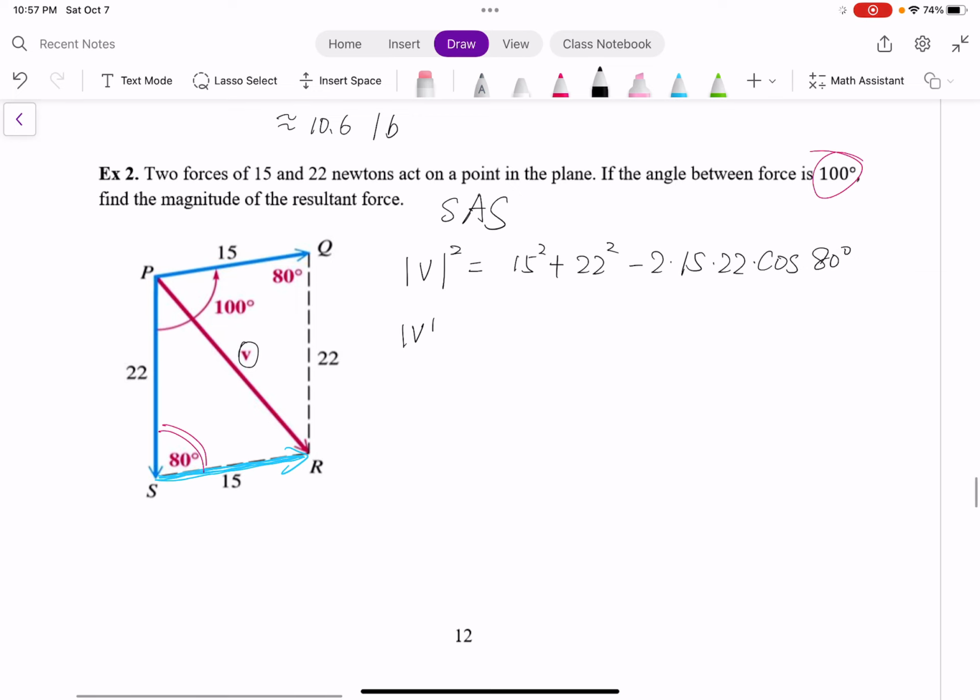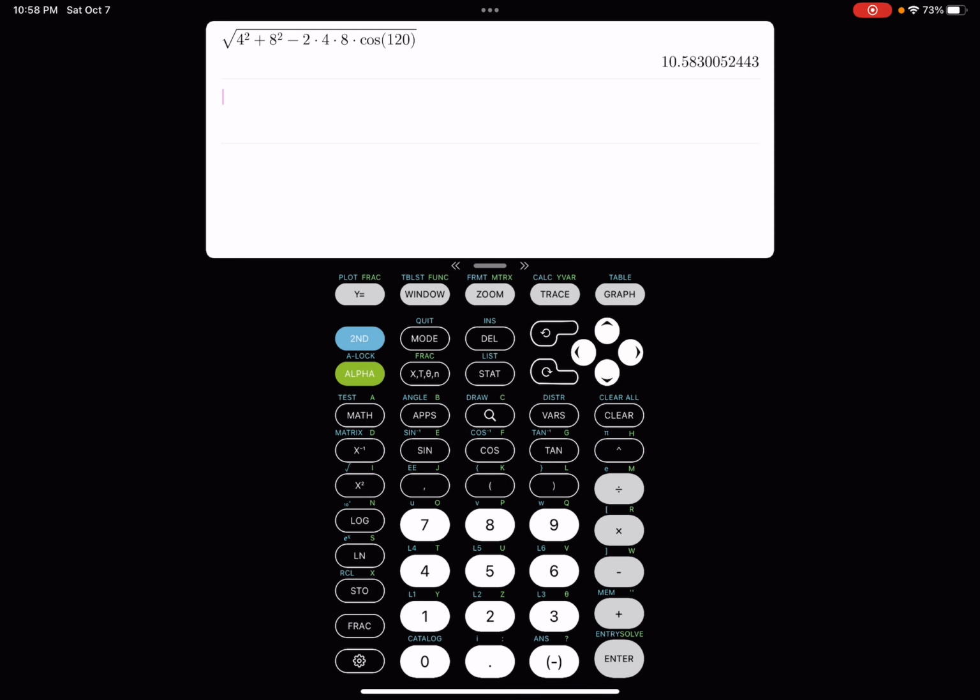And the magnitude of V equals the square root of 15 squared plus 22 squared minus 2 times 15 times 22 times cosine 80 degrees. Let's use our calculator to do the computation and hit enter.